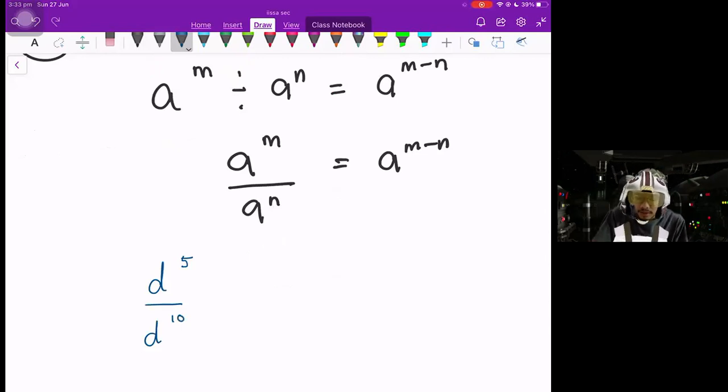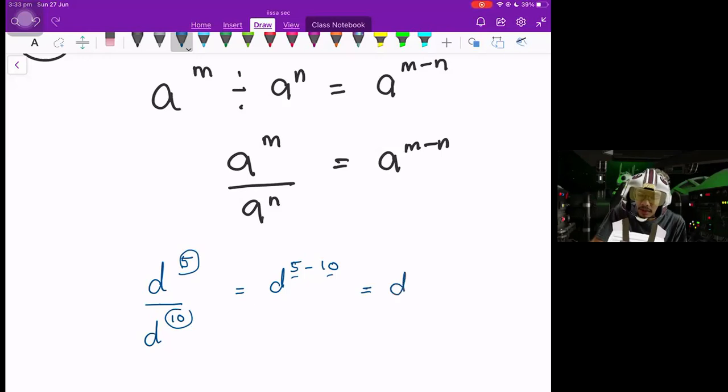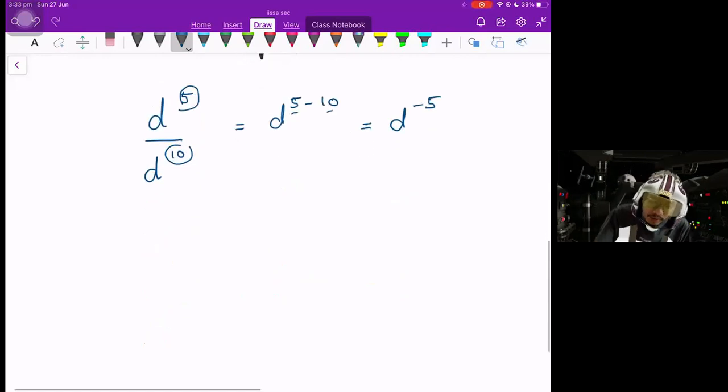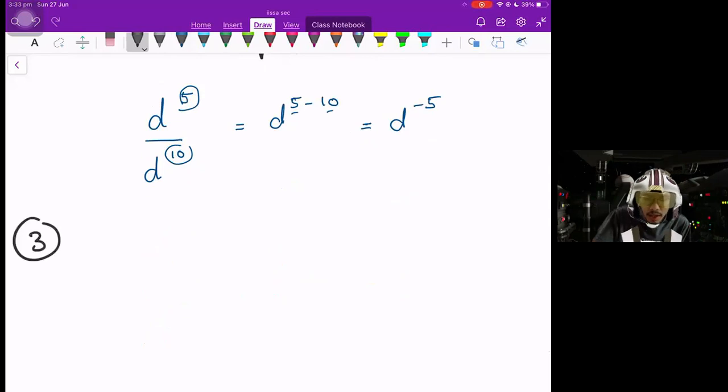We can also write this as d to the power of 5 minus 10. We are doing a division here, so we just minus the powers, which leaves us with the answer of d to the power of negative 5. Now we also have number 3, when we have brackets.